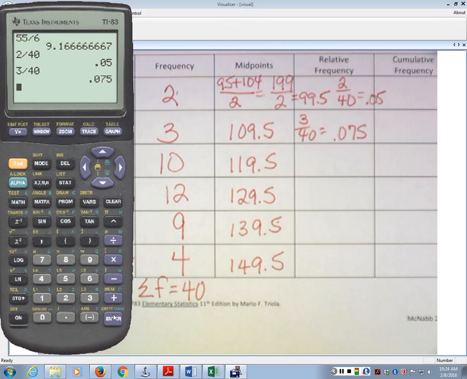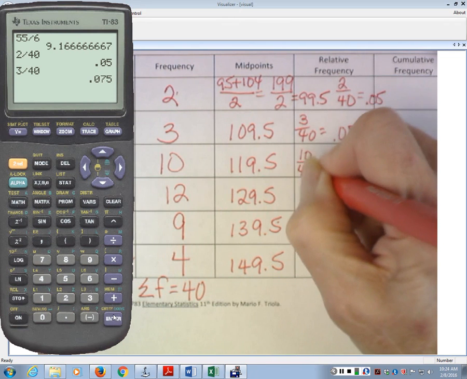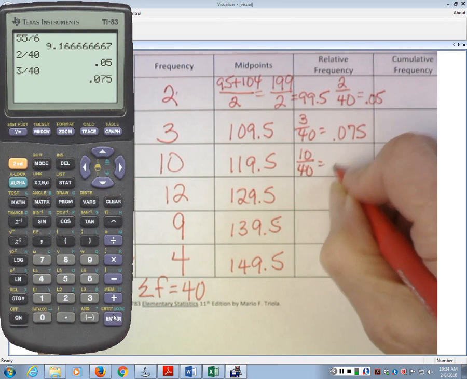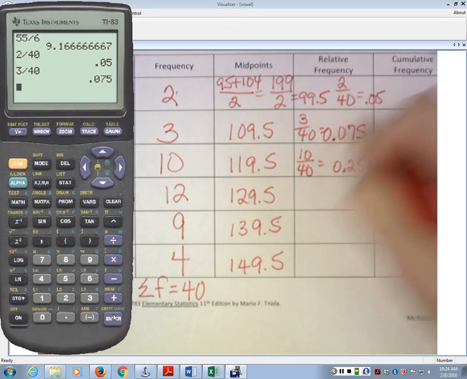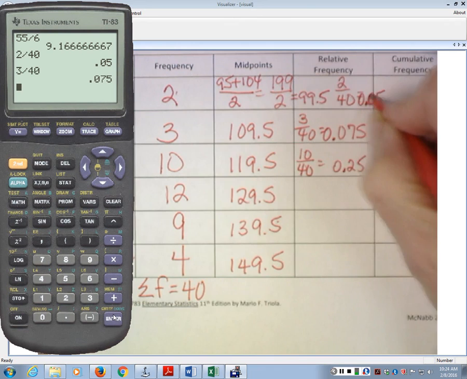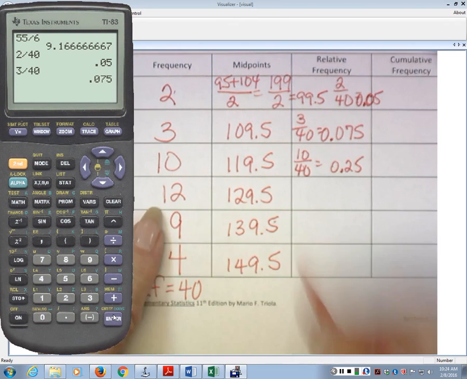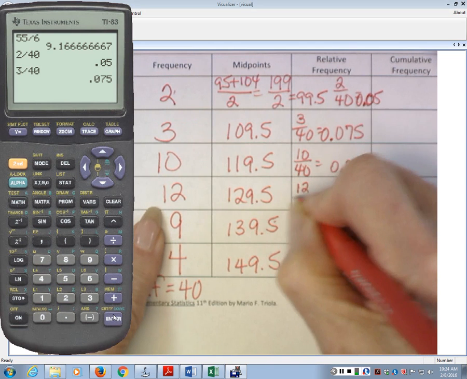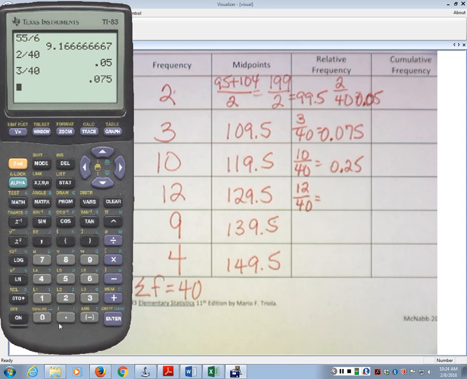And then 10 over 40. I think I can do that one by myself. So that will be 0.25. And then 12 over 40. I could do that one by myself, but I'm going to let the calculator do it. And that will be 0.30.